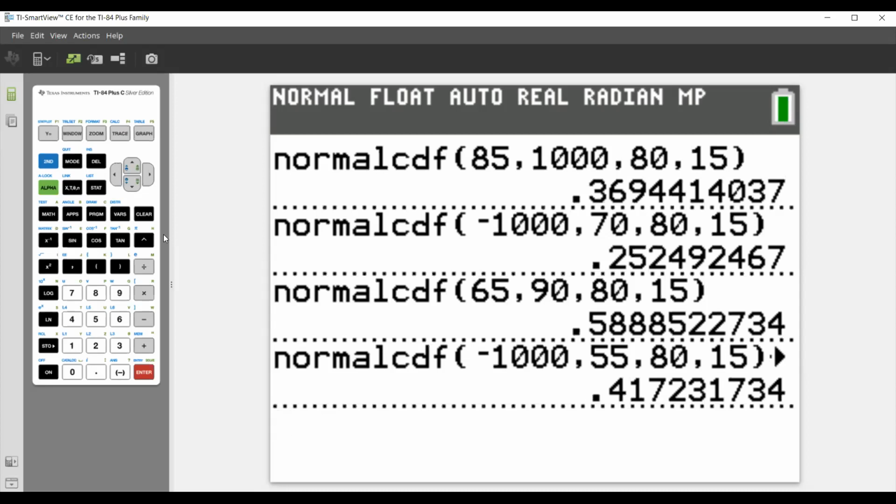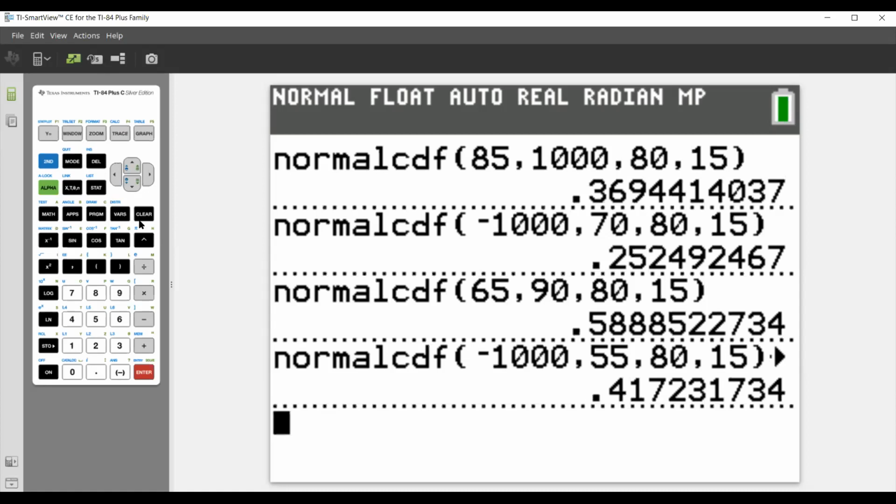And suppose you have to take this test, and the only way that you'll be considered for this position is if you score in the top 10%. The top 10%. All right. So, what is the minimum score on this test for you to be considered for this position?